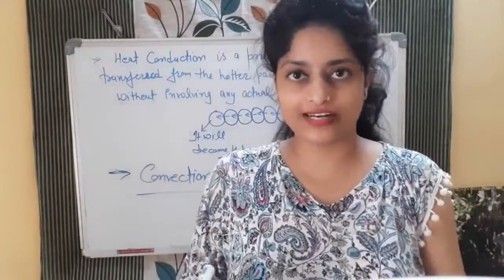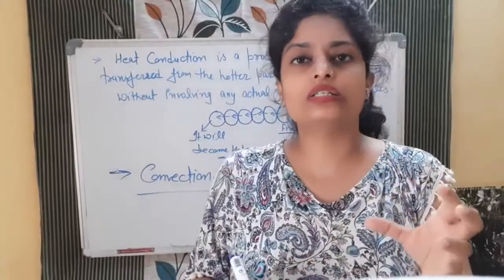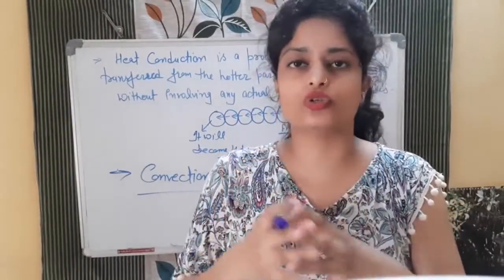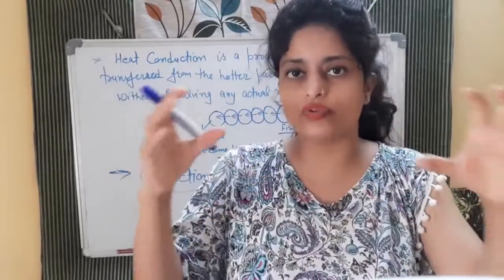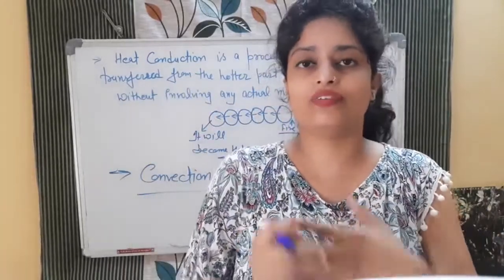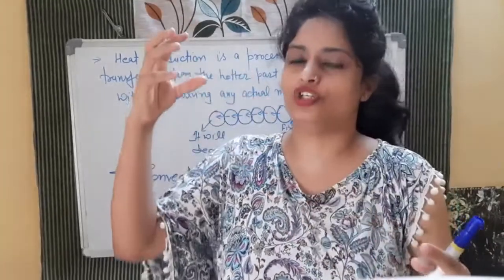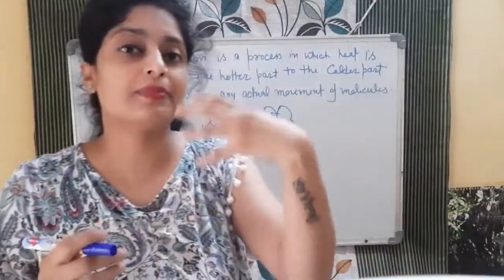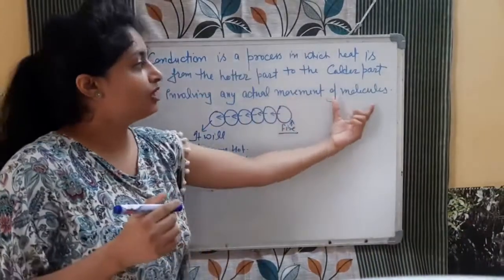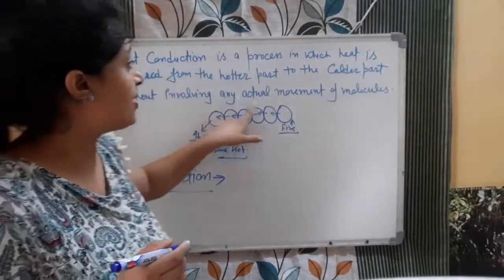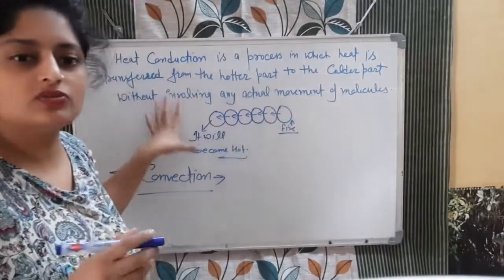In liquids and gases, the molecules are not so closely held to each other; there is a gap between the molecules. So when we give energy to them, they get the energy and change their position. When there is partial movement of the molecules, that is known as convection. In conduction, there is no movement of the molecules.